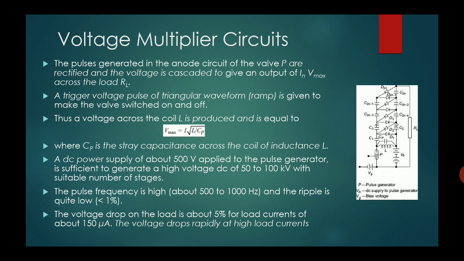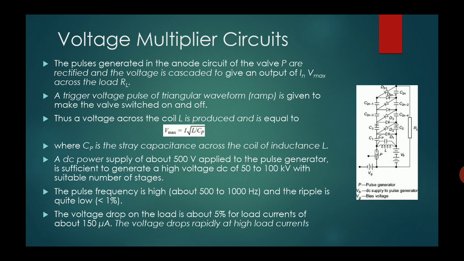Now on the right hand side is a voltage multiplier circuit. Look at the valve P here. The pulses generated in the anode circuit of the valve P are rectified, and the voltage is cascaded to give an output of n into Vmax across the load RL.